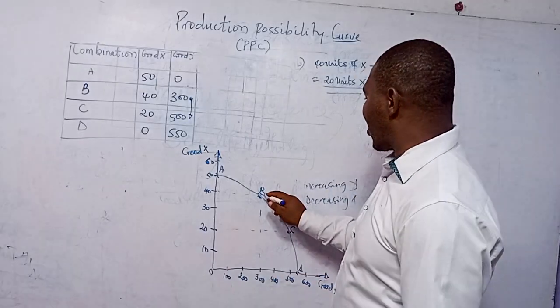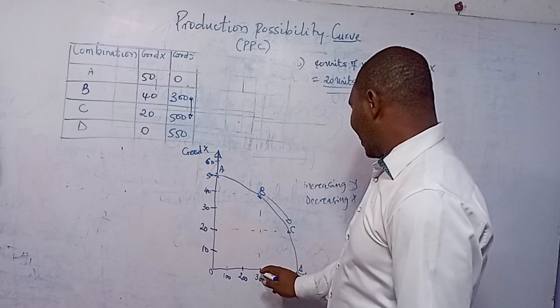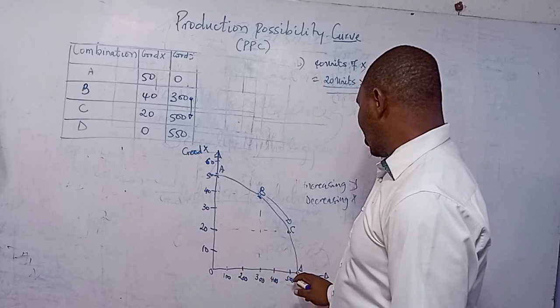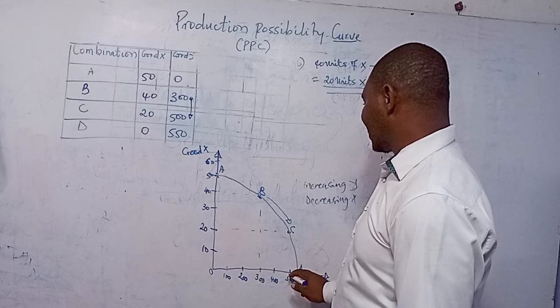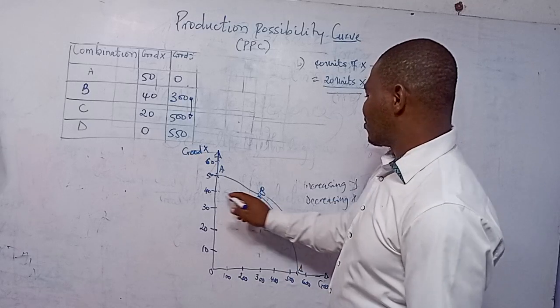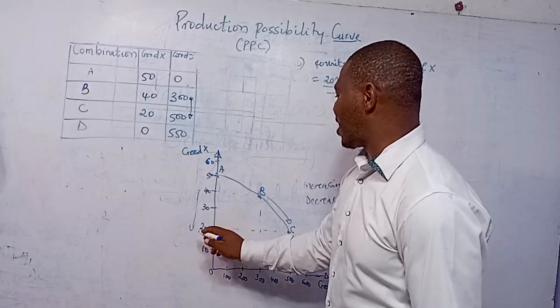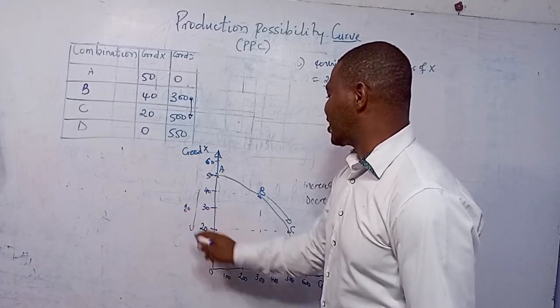So if I'm moving from point B to C, I'm increasing Y from what? 300 to 500, right? But I'm reducing X from what? 40 to 20. So the opportunity cost is the one that is reducing, which is 20 units.